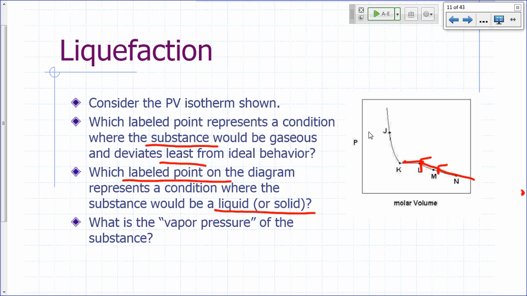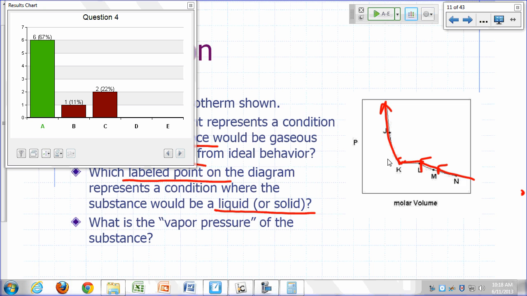But once you've squeezed it enough, you end up with no more gas. Everything's turned into either a solid or a liquid, so from point K onwards, everything's turned into a solid. So the correct answer there is actually A or B. B would also be a correct answer.